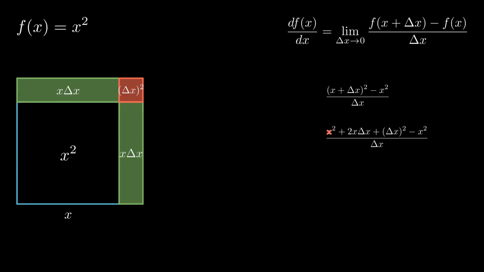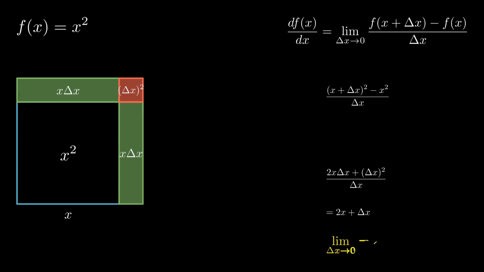Notice that the x squared terms cancel each other. After cancellation, we simplify the fraction to 2x plus delta x. Finally, taking the limit as delta x approaches 0, we get 2x. Thus, the derivative of x squared with respect to x is 2x, which matches our geometric intuition.